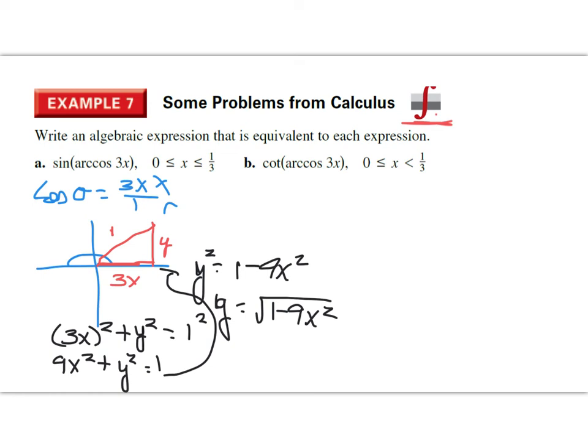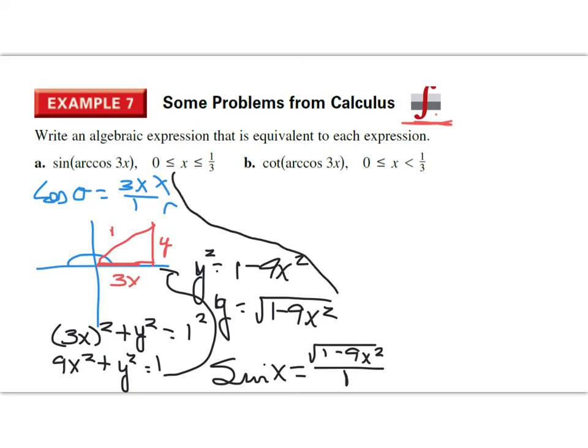So if I want to know what sine is, then my sine of theta is going to be equal to y, the square root of 1 minus 9x squared, all over your r, and our r is 1.